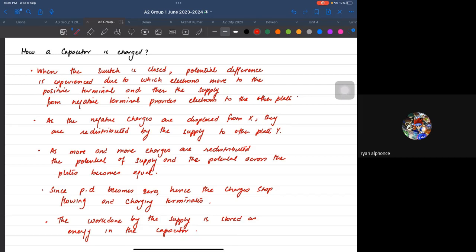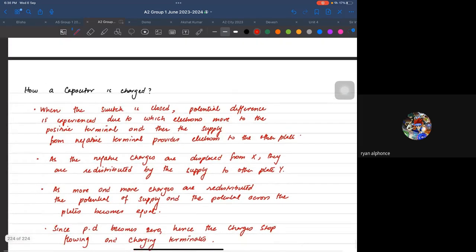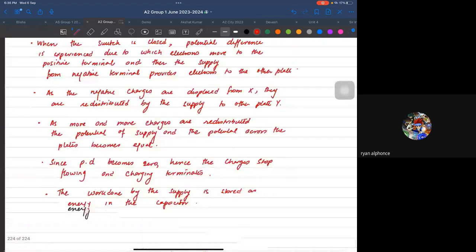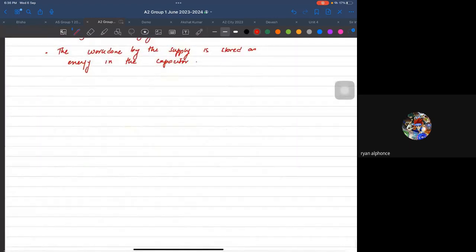Okay, my people, now let's go. From this point onwards, we're going to learn how the charging works and how we can draw the graphs of these.